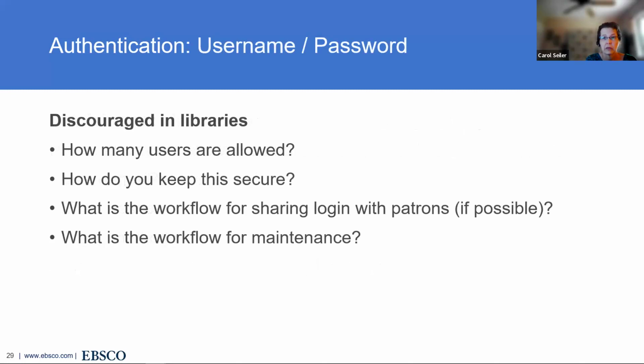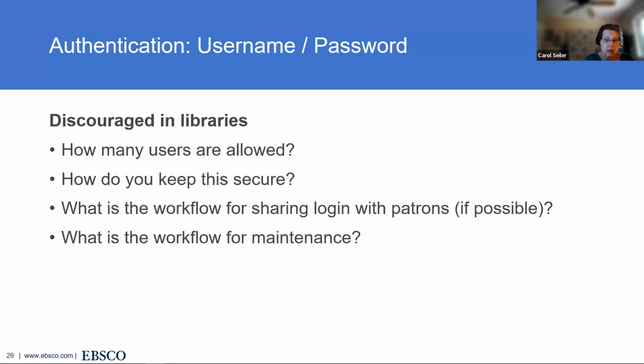One is username, password. And to quote Nancy Reagan, just say no. I highly discourage username, password. Why? How do you keep track of that and make sure that I'm doing my due diligence and not letting just anyone in? Because if I give Jane the username and password, and Jane heard from Amina, who needs an article for her class, and Jane gives Amina the username and password, and Amina gives it to Juan, who gives it to Peter, who gives it to who knows else, you've lost complete control.